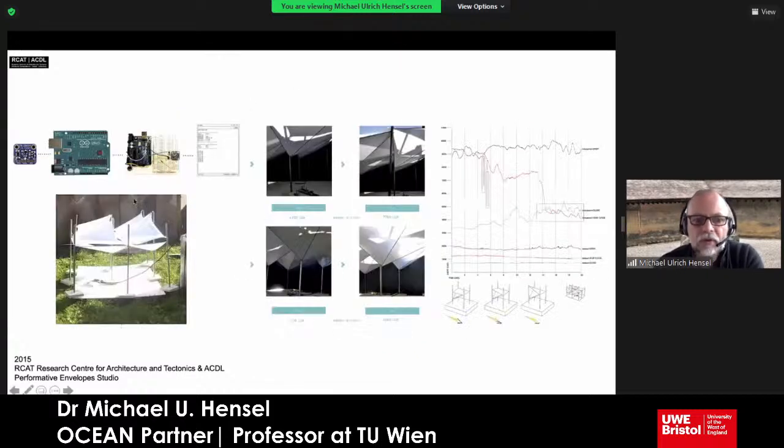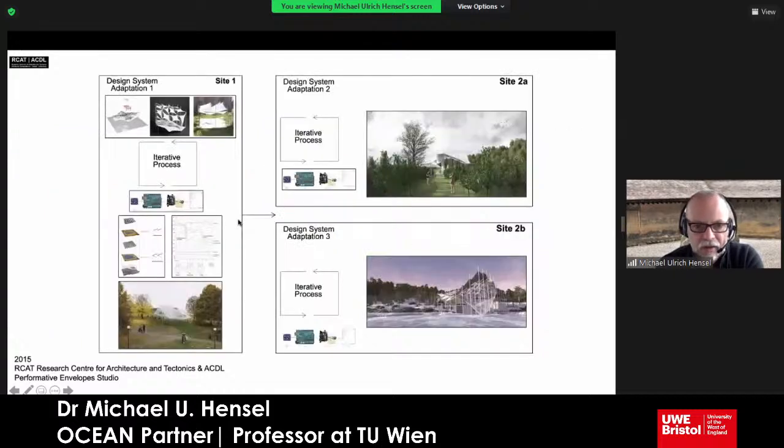Then we also built prototypical scaled models. We developed some Arduino sensor setup to do some readings in terms of what particular membrane configurations provide in terms of shading and daylight. And then we set up a process. Now, this is what you already know.